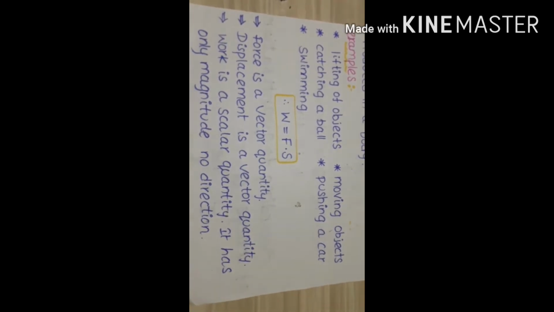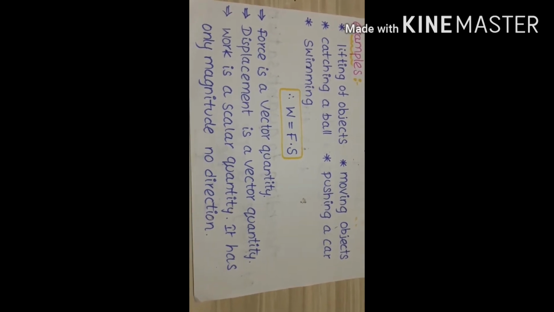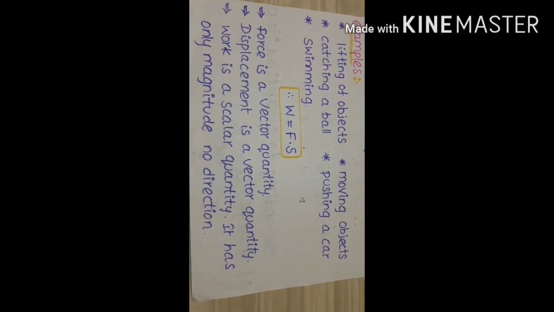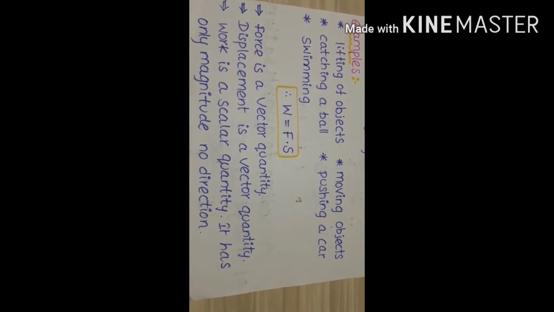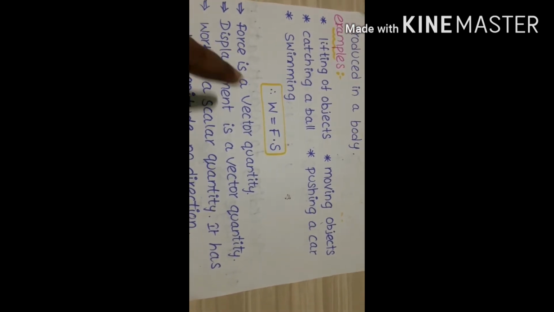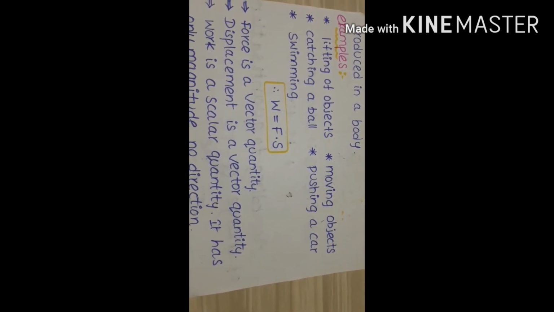Next, displacement. Displacement is also a vector quantity because displacement has magnitude as well as direction. So force and displacement both are vector quantities.